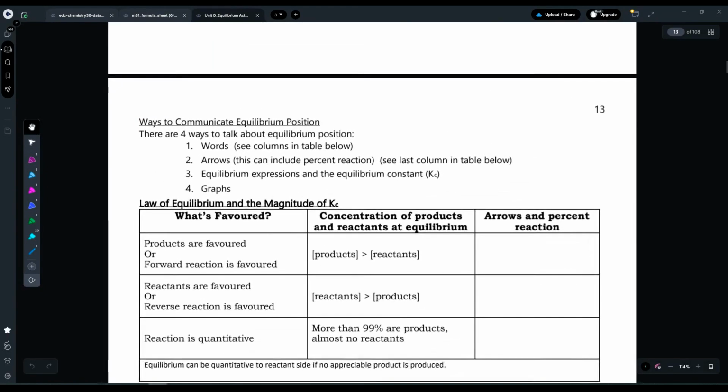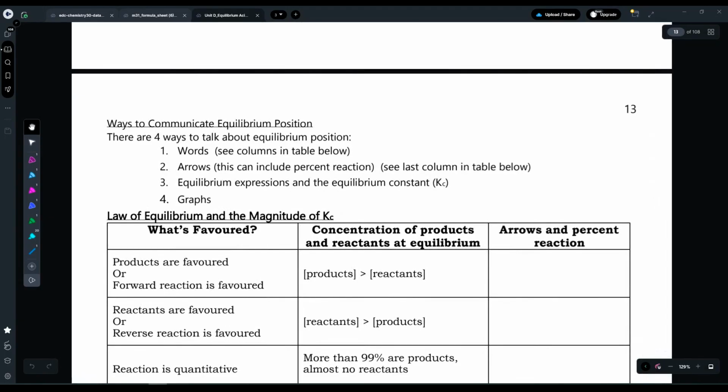So there's a few different ways in which we can communicate equilibrium position. The first way is through words, so that's by saying whether products or reactants are favored. We can communicate it through arrows, and typically what we do is include a percent of reaction over top of the equilibrium arrows to show whether products or reactants are favored.